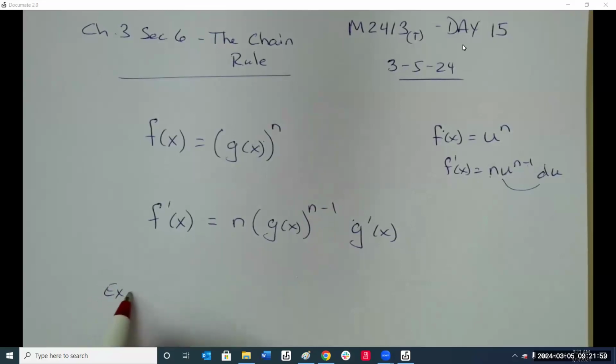Here's an example real quick. Y equals 2x squared to the power 3.